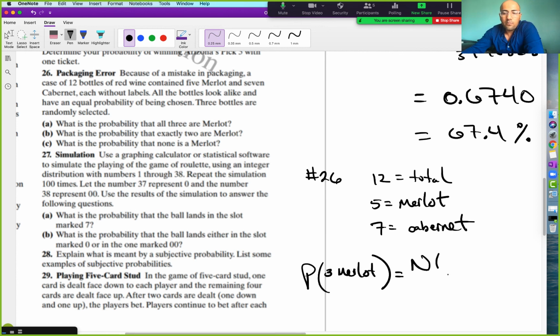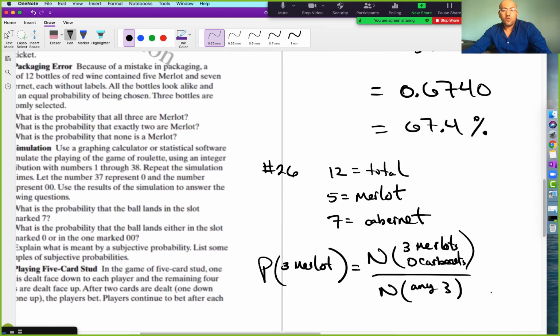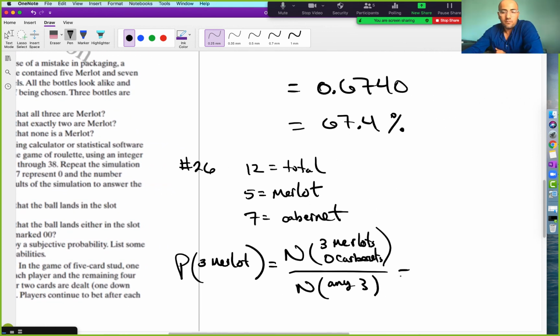And that's equal to the number of ways in which we can pick 3 Merlots, which means that by definition we pick 0 Cabernets, out of all the number of ways in which we can pick any 3. Order doesn't matter.